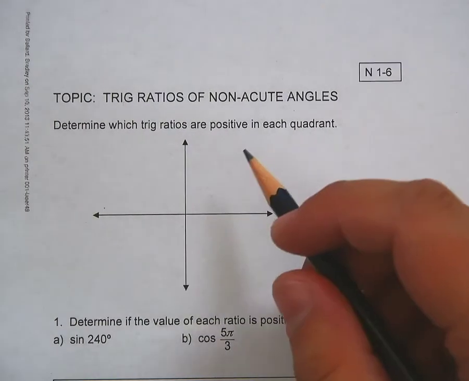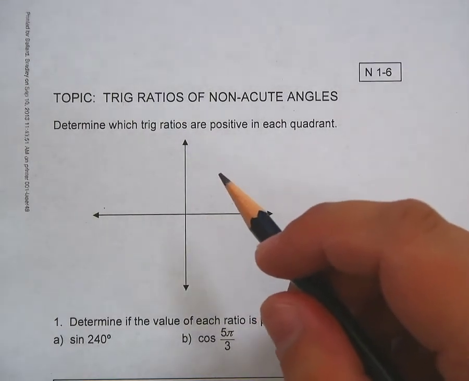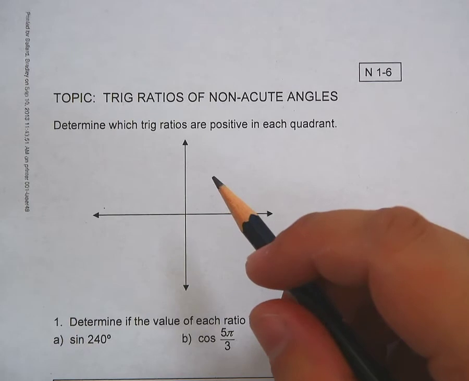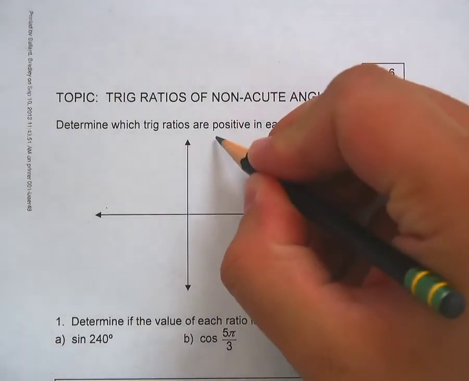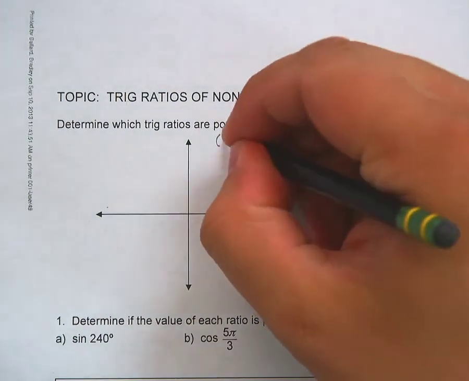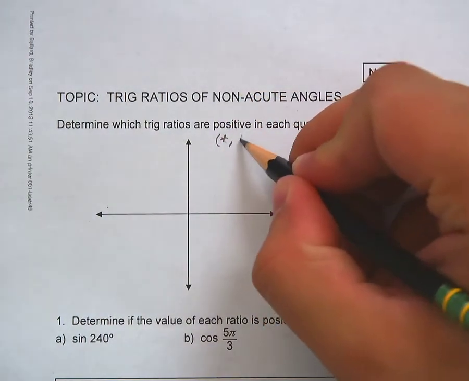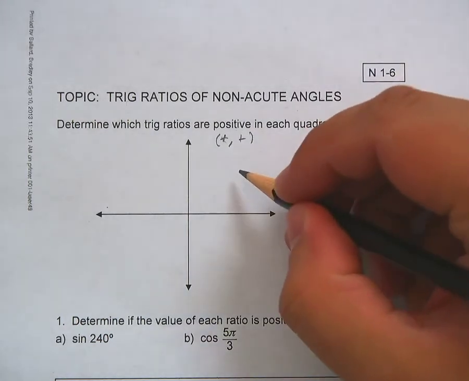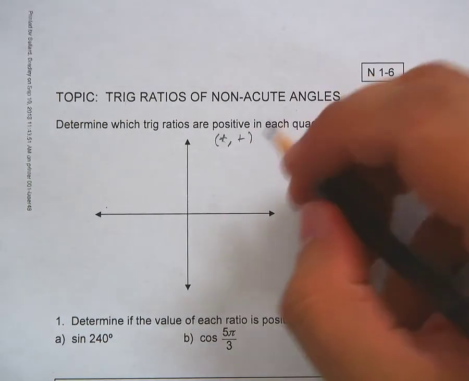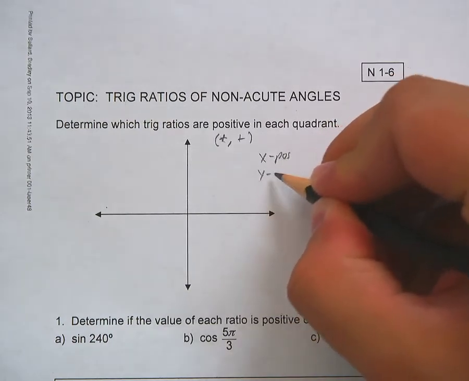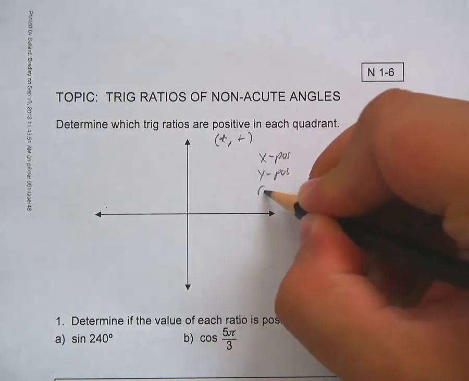So in quadrant 1, remember you got sine, cosine, tangent, cosecant, cotangent, secant. Of all those, which ones are positive up here? If you remember, your x values are positive. Your y values are positive. So x is positive, y is positive, r is positive.